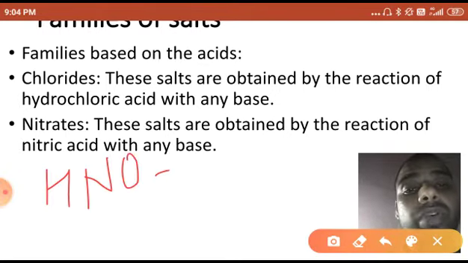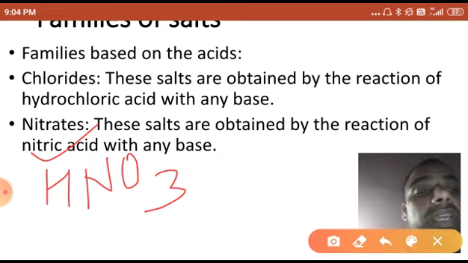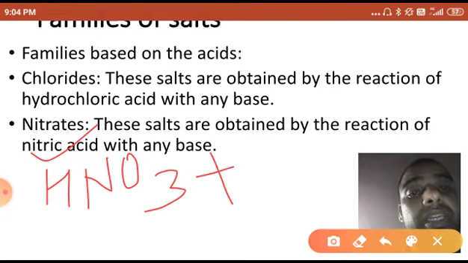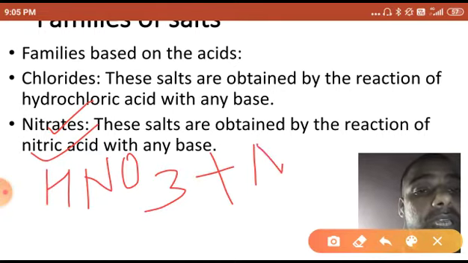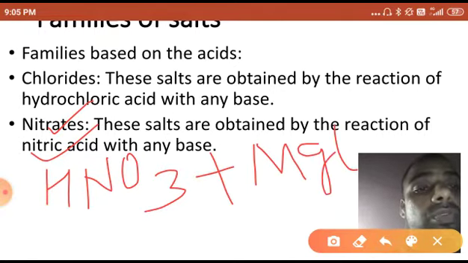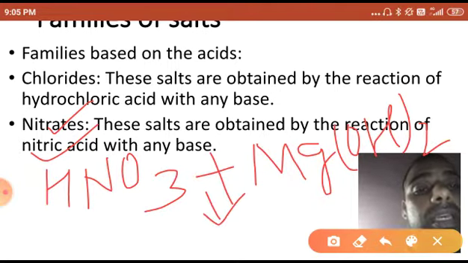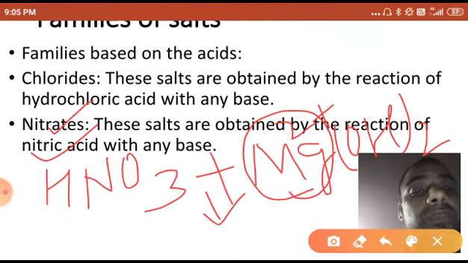Now one more example: HNO3, because you know HNO3 is common for forming the nitrate family, with any base. So take Mg(OH)2, and it will form Mg 2 positive and NO3 has 1 negative.